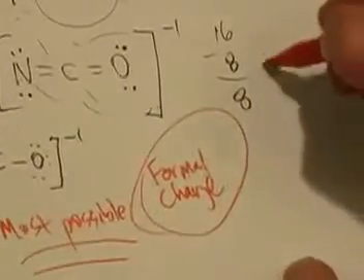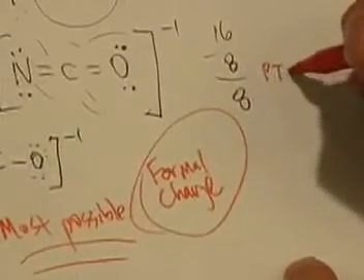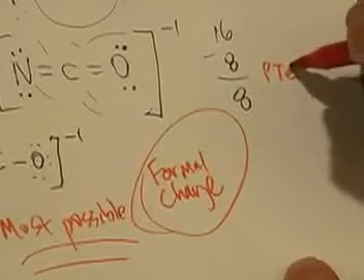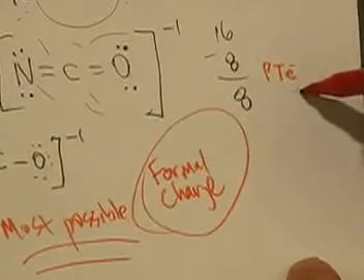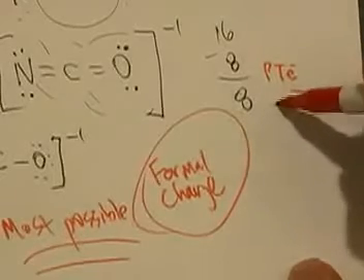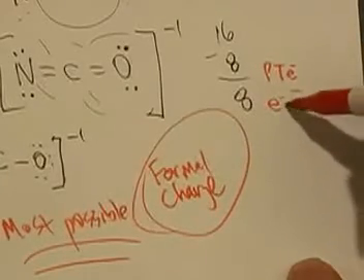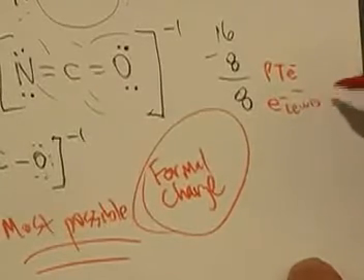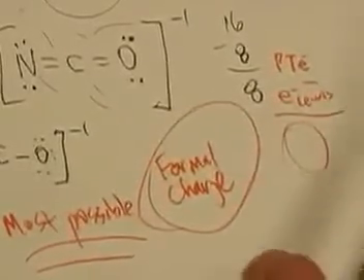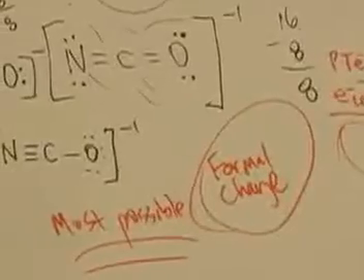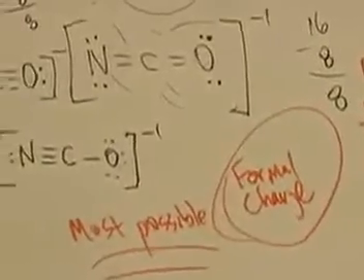Periodic table electrons that are assigned to that atom, minus the electrons that are assigned to it or given to it in the Lewis dot structure. And then whatever number you get here is called the formal charge on that particular atom in that ion.